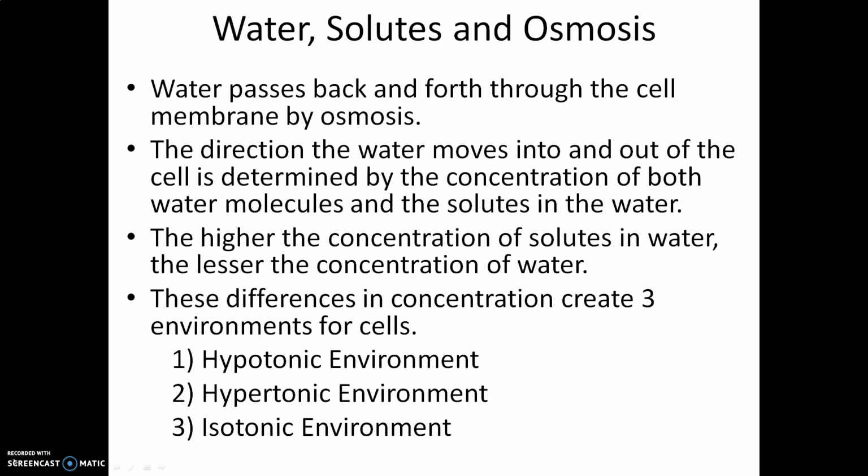We'll get into that in the next couple slides. These differences in concentrations of solutes versus the concentration of water create three different types of environments for the cell, which is what we're going to be going over in the next couple slides. The three environments are named as follows: a hypotonic environment, a hypertonic environment, and an isotonic environment.